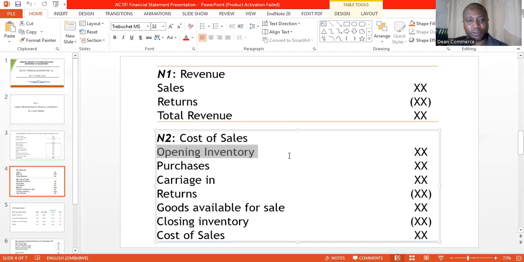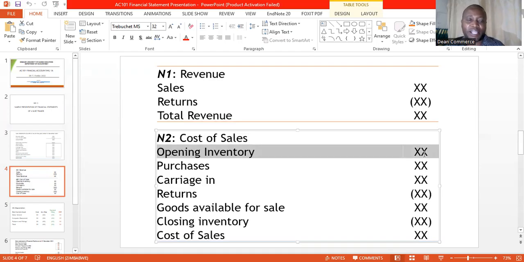We are going to have opening inventory, and this opening inventory is usually indicated by the date of the first day of the first month of the trading period. Usually in Zimbabwe, our years start in January, which means that our opening inventory will be reported as the 1st of January of every year.